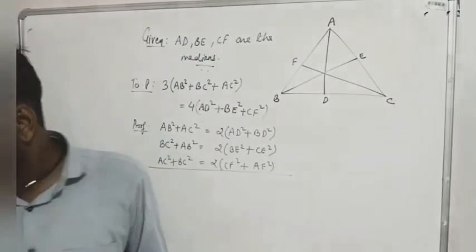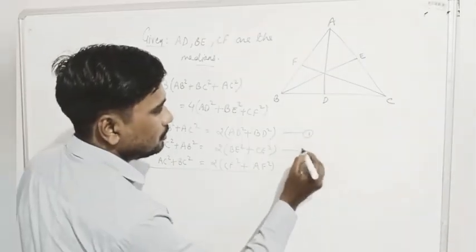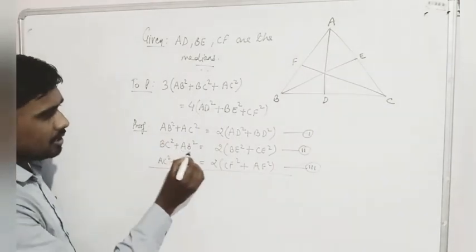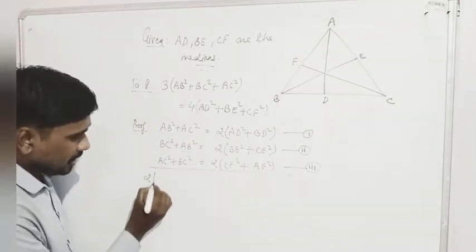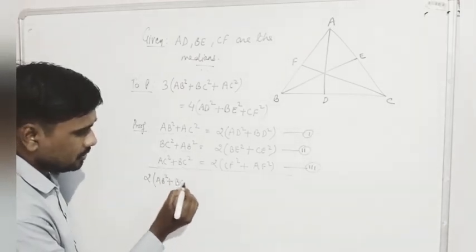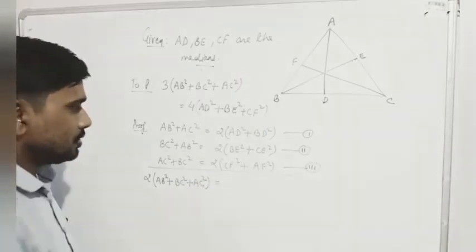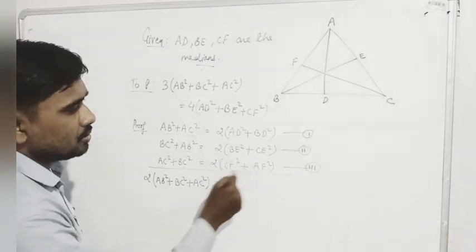When we add these 3 equations, equation 1, equation 2 and equation 3, we will get 2 times AB, 2 times AC and 2 times BC. So that is 2 times AB square plus BC square plus AC square is equal to 2 times this, 2 times this, 2 times this.